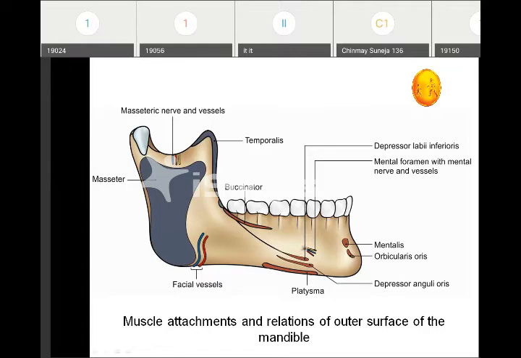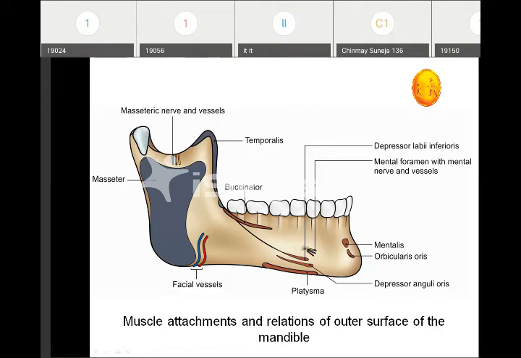The most important attachments on the mandible are the muscles of mastication. There are 4 muscles of mastication: temporalis, masseter, medial pterygoid, and lateral pterygoid. The insertions of these muscles are present on the mandible.